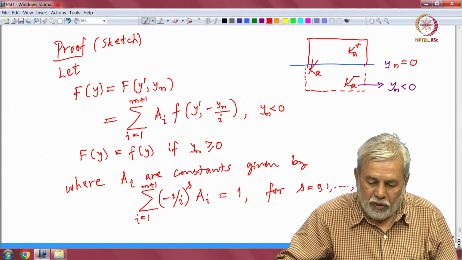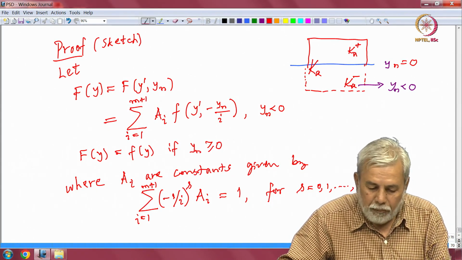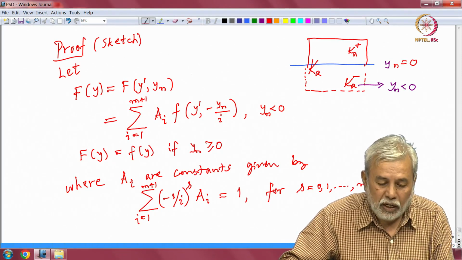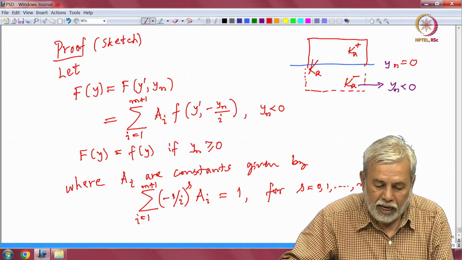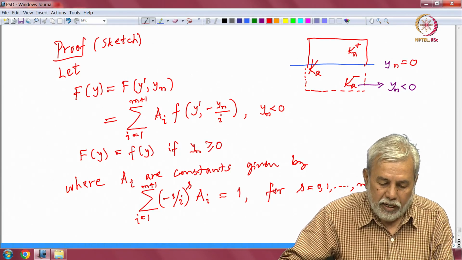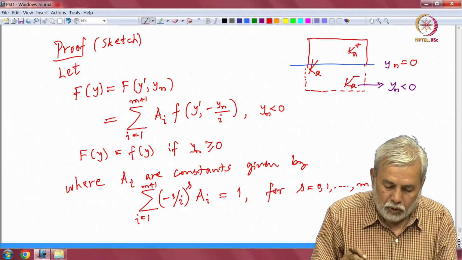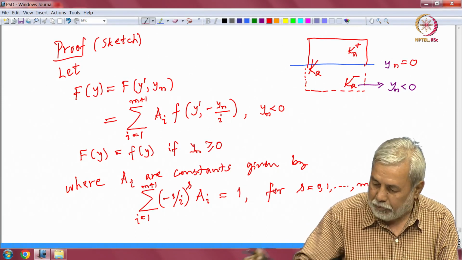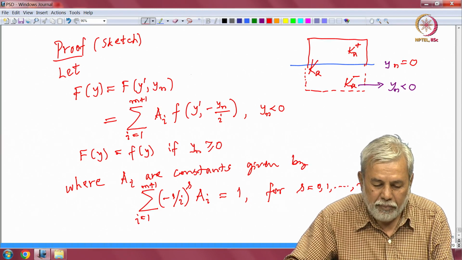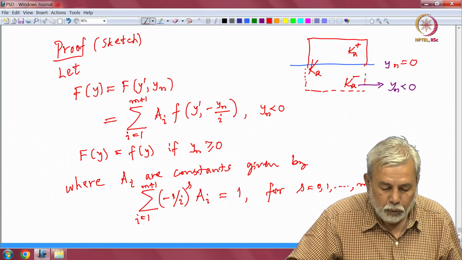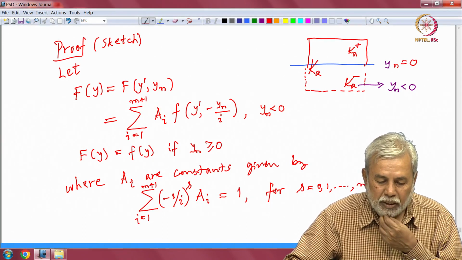So these are a system of m plus 1 linear equations in m plus 1 unknowns, namely a_1, a_2, up to a_{m+1}. And this is just a Vandermonde system, so the coefficient matrix has non-zero determinant. So we have a unique solution for a_1, a_2, up to a_{m+1}.